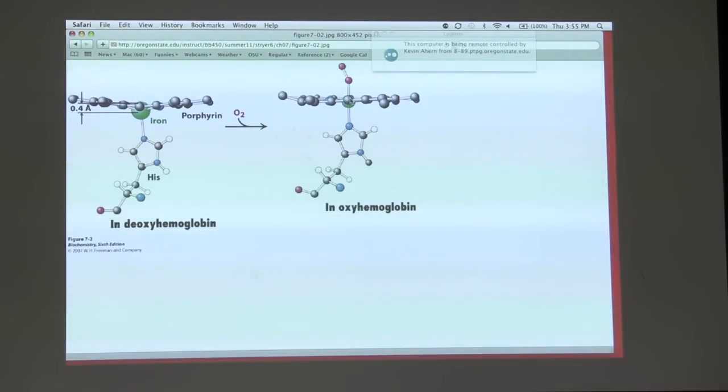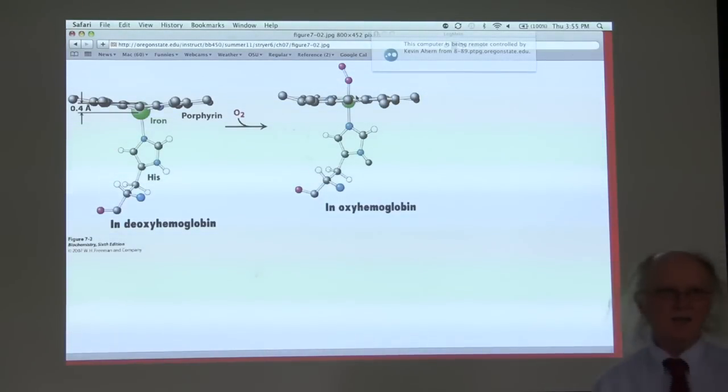When you change the shape of one of the subunits of hemoglobin, the subunits of hemoglobin are interacting with the other subunits of hemoglobin. So now this change that you saw in the one subunit is communicated to the other subunits. The effect that has is it changes the affinity that those other subunits have for oxygen.